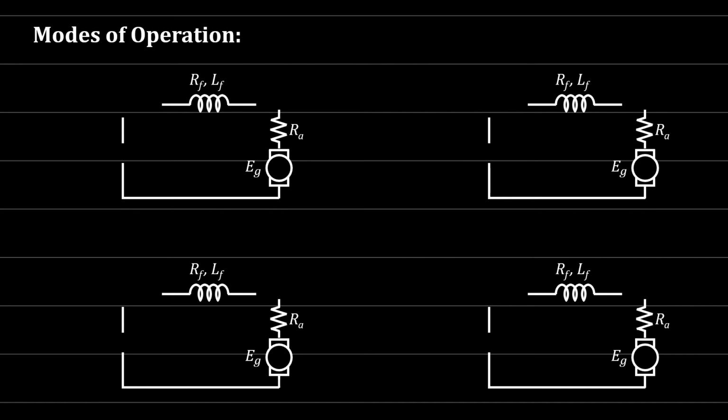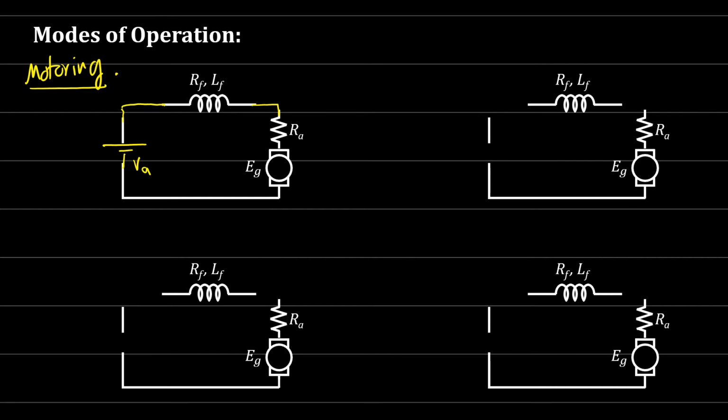Here now at the input, if you want to work in the motoring mode, just the normal condition, what we look at is the voltage VA, just DC connected to this circuit, and this is connected here.